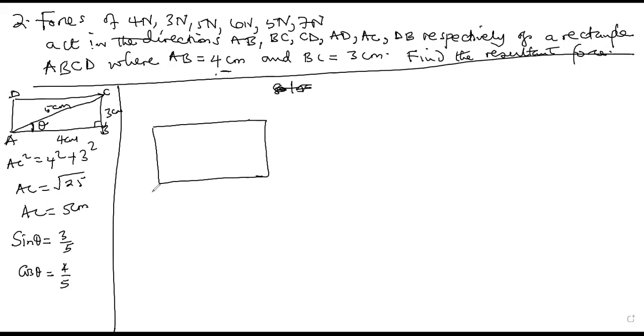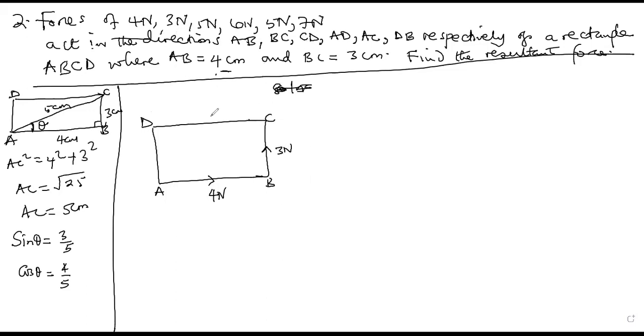You have forces, and these forces are A, B, C, and D. So AB, they give us AB, and AB is 4 newtons. They gave us BC. BC is 3 newtons.